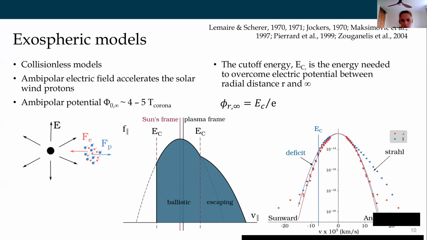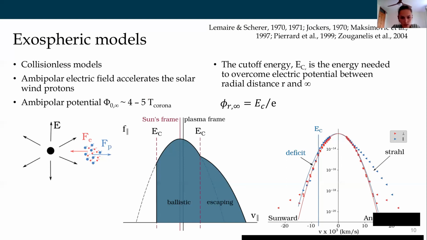But all the electrons whose energy is smaller than this potential energy, they will advance up to some radial distance and then fall back ballistically towards the sun. And so when they fall back, they can only fall back with the same velocity as they had in the anti-sunward direction.